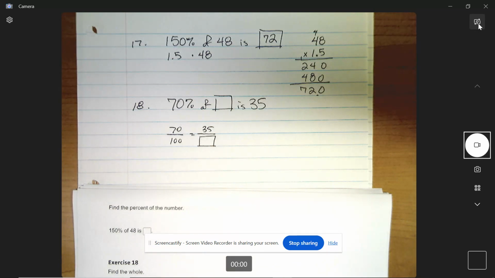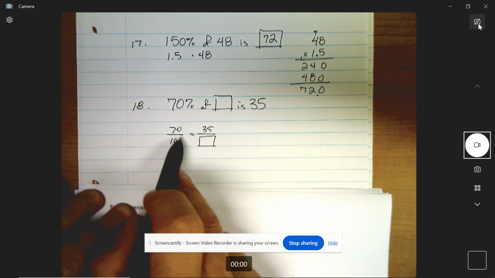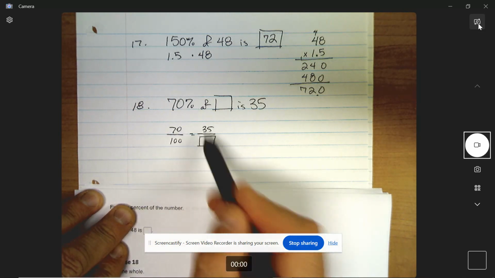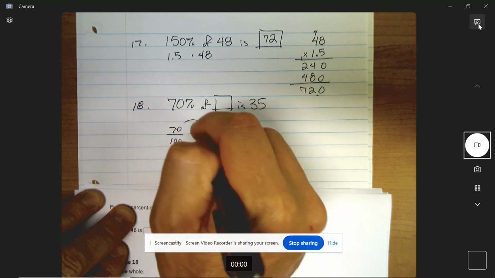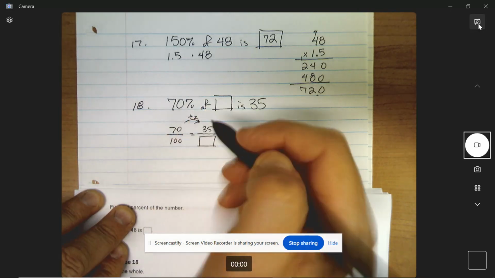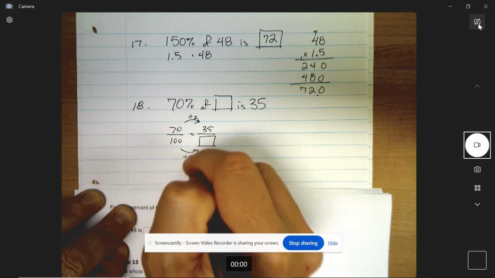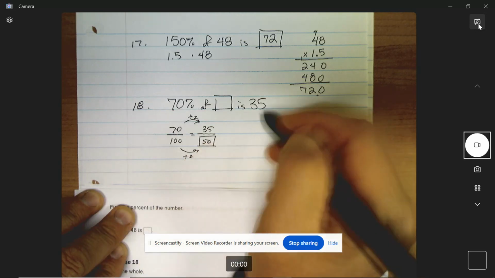I can't remember, because we didn't do percent proportion, did we, Miss Tracy? I don't think we did. But if we set it up like this, 70% is 7 over 100, and I can divide that by 2. So if I divide this by 2, yep.